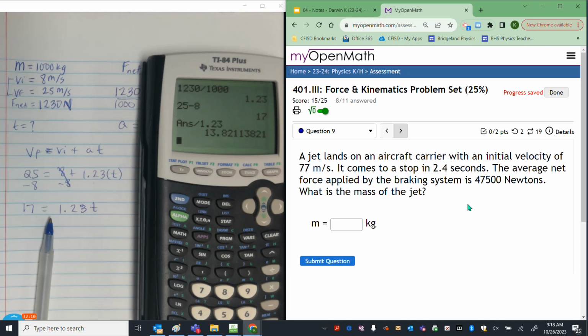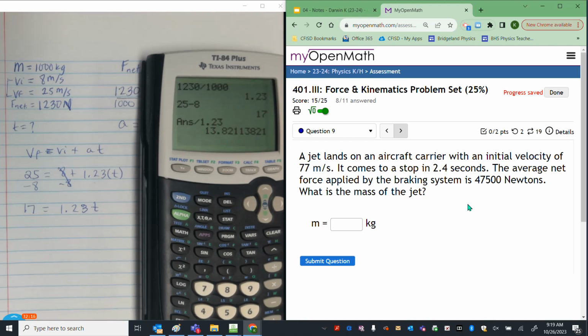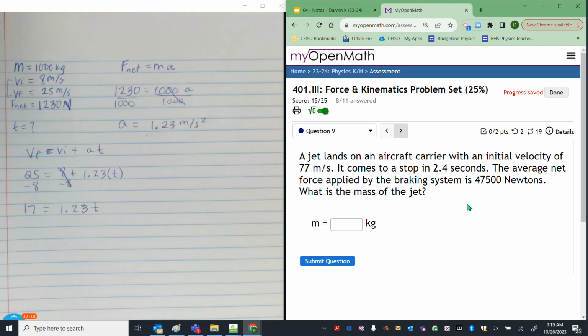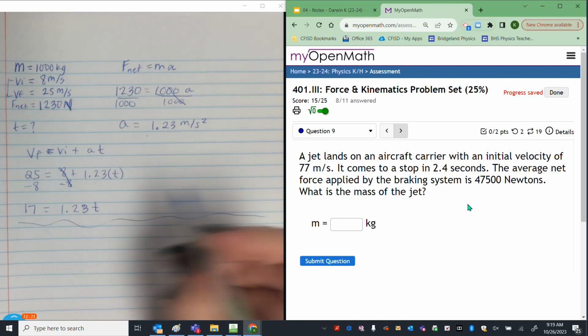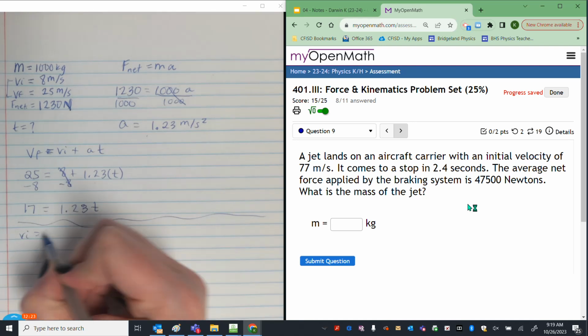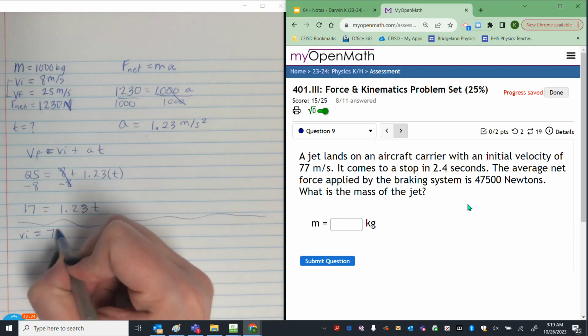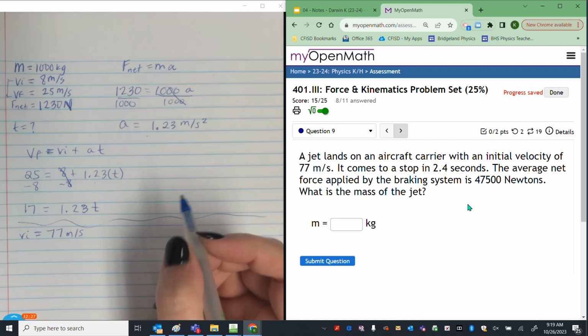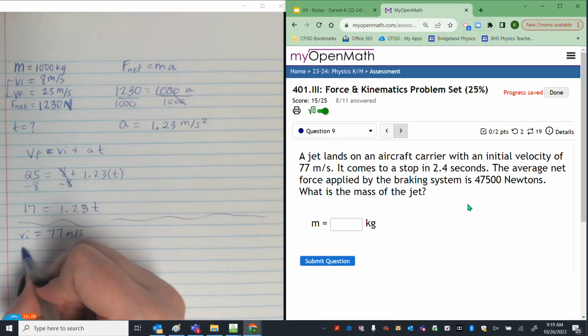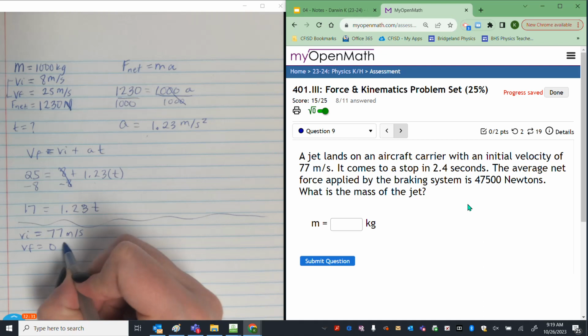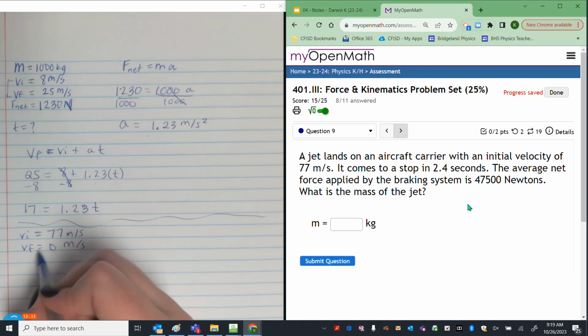Number 9 says a jet lands on an aircraft carrier with an initial velocity of 77 meters per second. So again, let's label everything. Okay, so my initial velocity is 77 meters per second. It comes to a stop, so there's my final, 0, in 2.4 seconds.